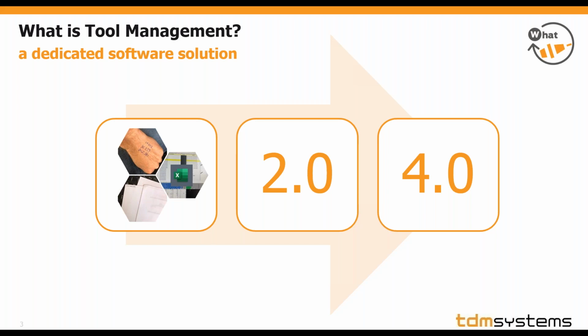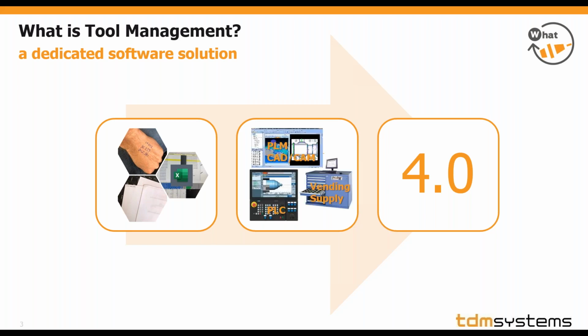We learned a German word on Wednesday, Zettelwirtschaft, management by paper or paper chaos. Or of course, a lot of companies use Excel sheets. This is probably the most popular tool management system out there. This is not what we were talking about. We were also not talking about little dedicated island solutions like a vending system, or the little tool management software in every CAM system, or in machine tools.